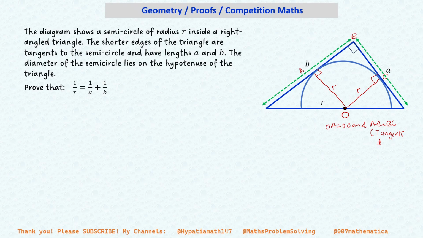Tangents drawn from an external point are equal, and this is the radius.